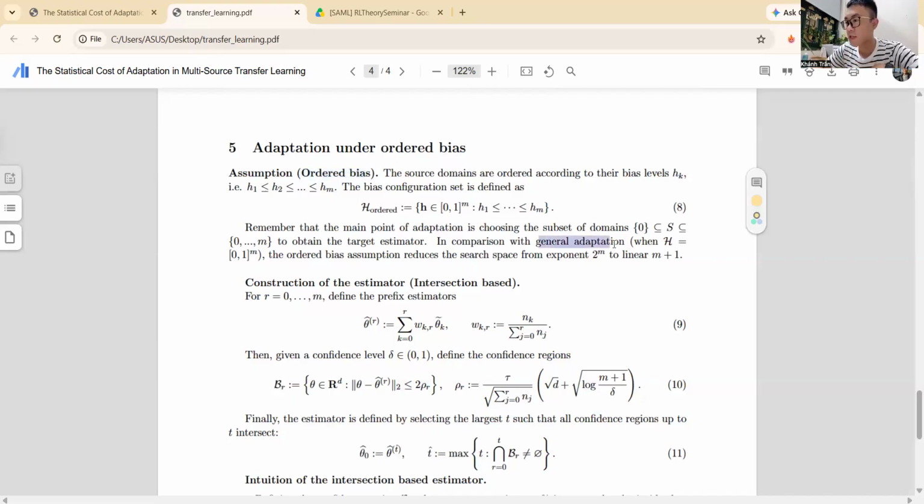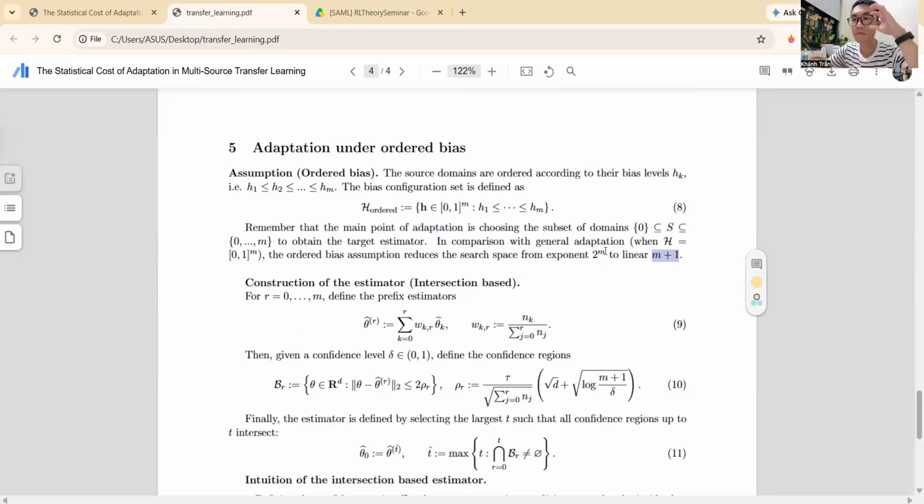In general adaptation, we need to search for the source domains that are relevant to the target domain and choose them to learn the target estimator. In that case, we have 2 power m, an exponential relationship, to search for a good set of source domains. In the ordered case, we only have a linear relationship to search over.